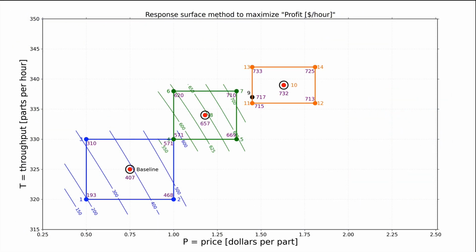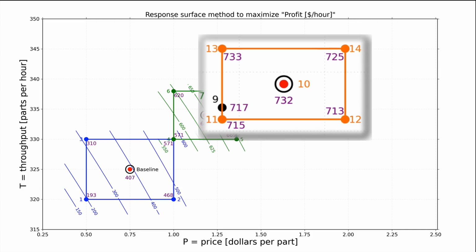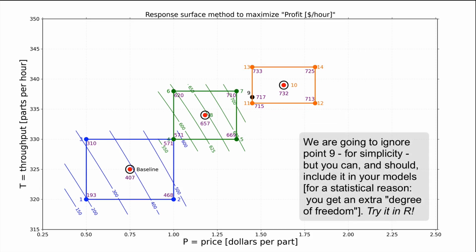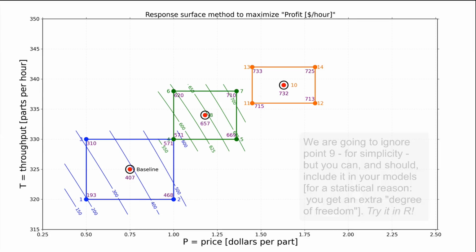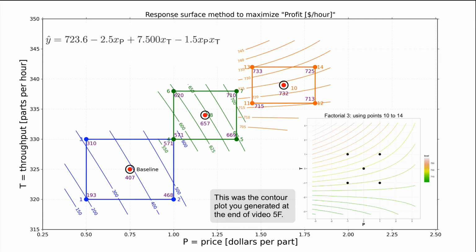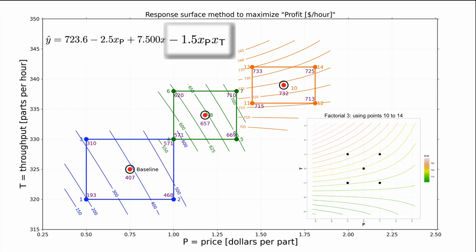So let's resume from an earlier video and continue with the model built on points 11, 12, 13, 14 and the baseline value at point number 10. We pointed out that the contour plot exhibits curvature. The lines are not parallel. These curved lines come from the interaction term, indicating that the interaction coefficient is important relative to the main effects.